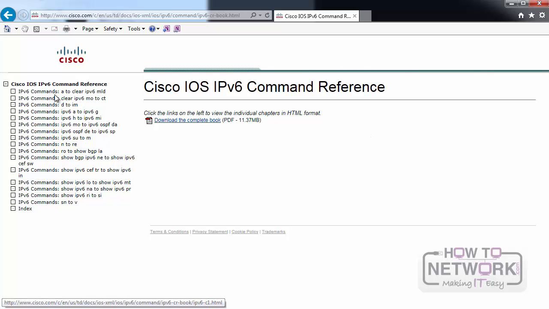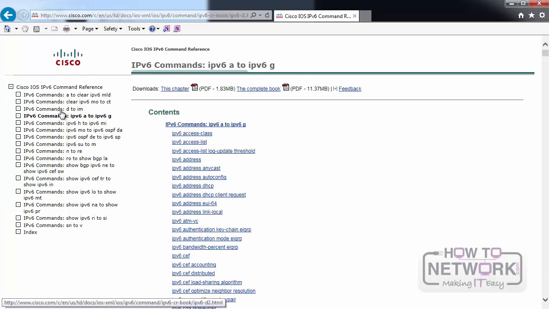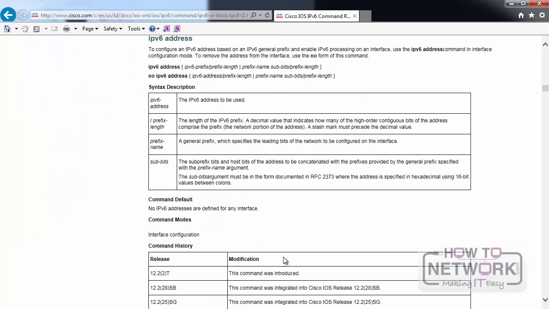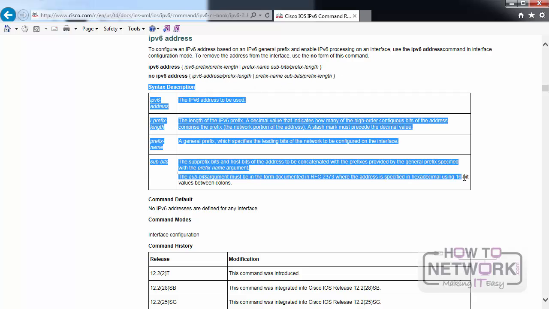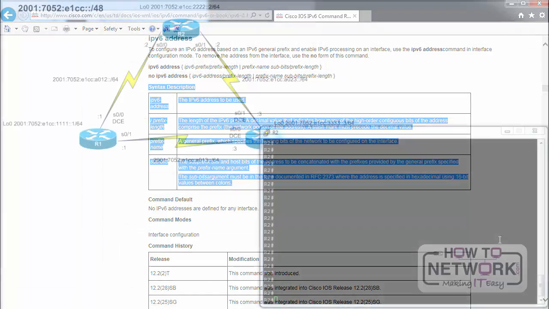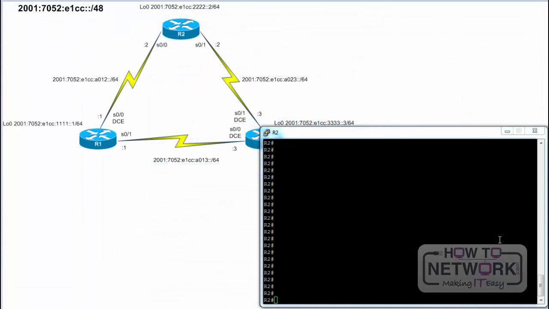By clicking the links on the left, we are searching for a particular command, which is IPv6 address in this case. Here you can see the complete syntax description for this command. IPv6 address configuration is discussed in Lesson 4.